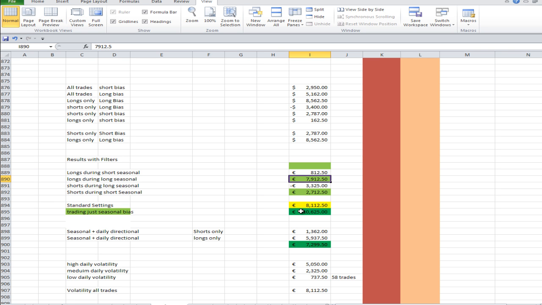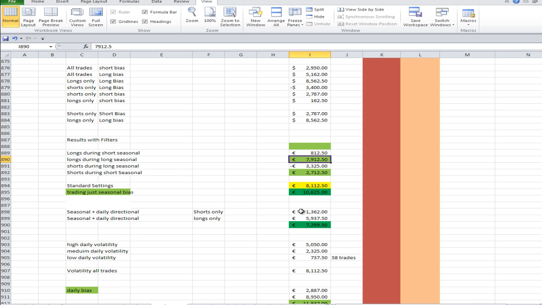So we're going to go into walk forward optimization here in a minute, but already, without doing any particular improvement to our strategy apart from looking at the daily directional and the seasonal, we're already seeing some better results based on that.